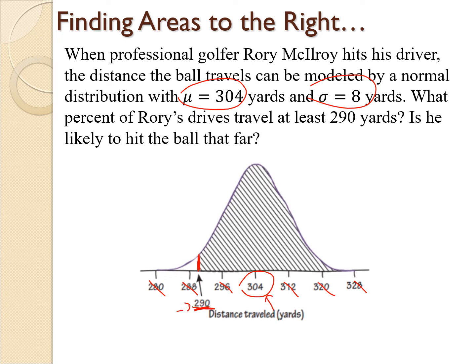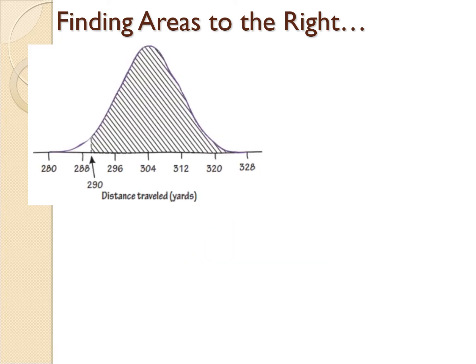We're shading to the right this time because we're finding the probability that he hits the ball at least 290 yards. After we have that curve, we want the z-score: 290 minus 304 divided by the standard deviation of 8. We're going to get a negative z-score this time, which makes sense because this value is below the average. Anything that's below average is going to have a negative z-score.